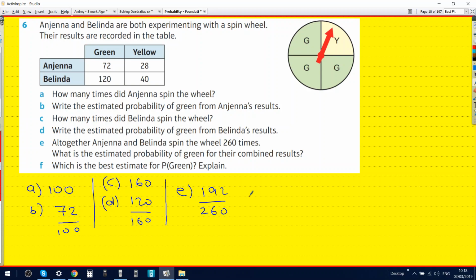And then F was the best estimate of green. Is it Jenna's? Why is that? Because it's 28 closer to 100 than Belinda's, who's 40 away.